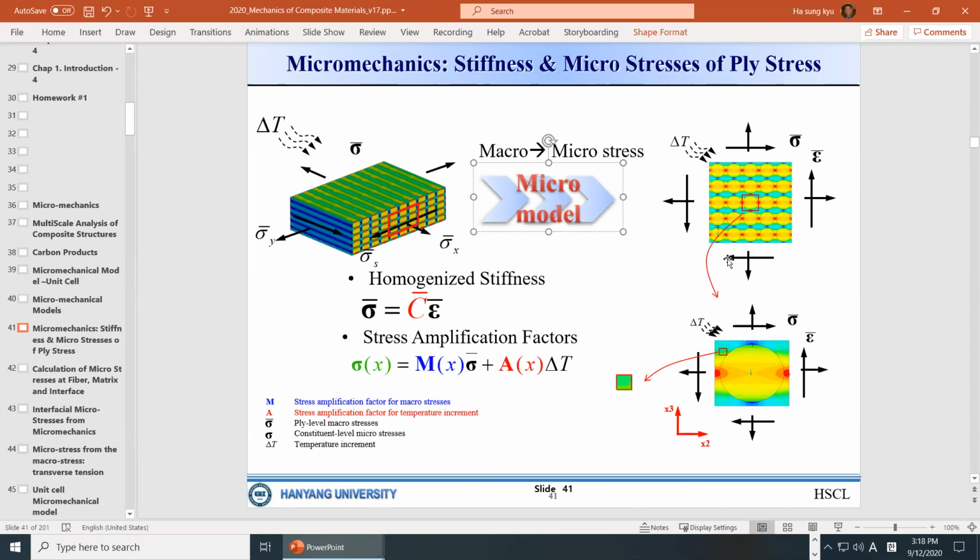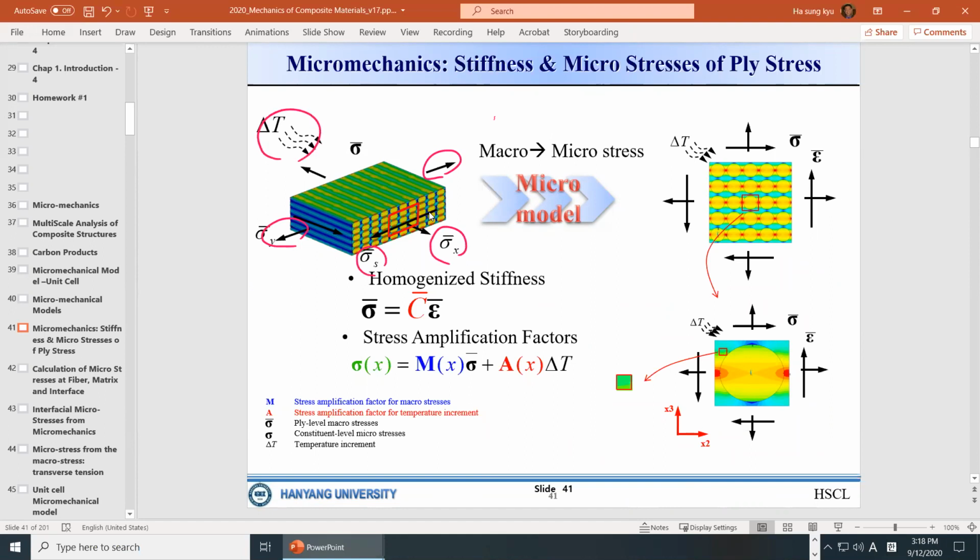what's happening inside is that in the composite, this layer will be subject to many different loads. The loads like epsilon y directional stress and x directional stress, and mainly shear stress, and sometimes temperature.